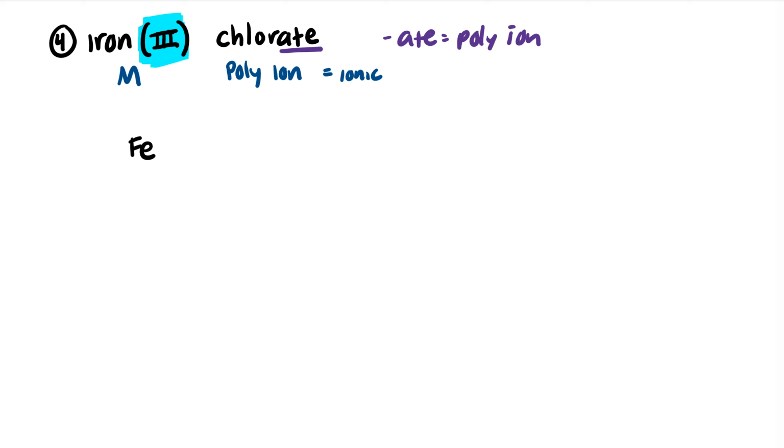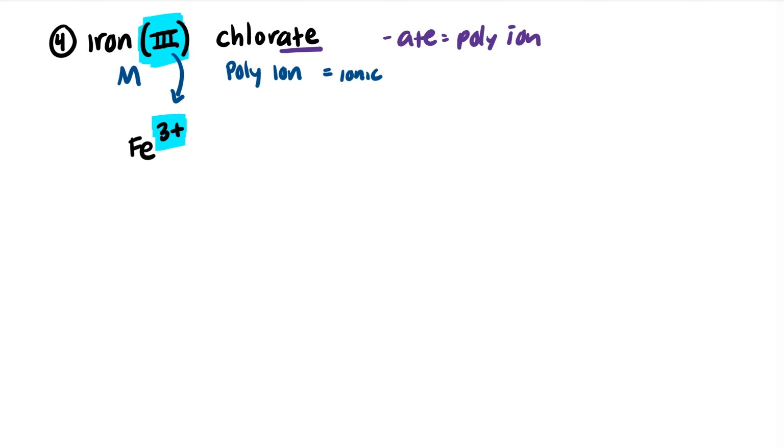So that Roman numeral 3 translates into a 3 positive charge on the iron. The Roman numeral is always positive. Okay, so that 3 Roman numeral is turning into a 3 positive charge. Roman numeral just means the charge of the transition metal.